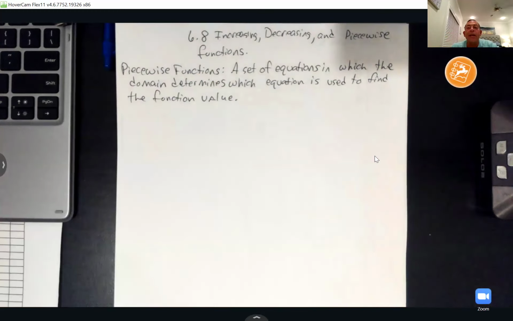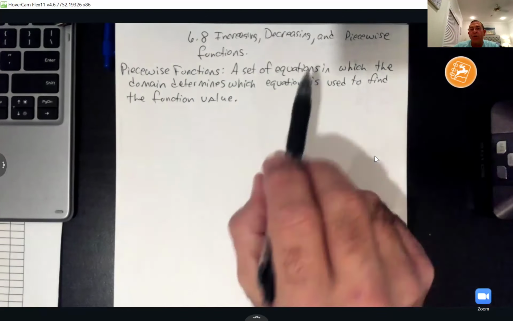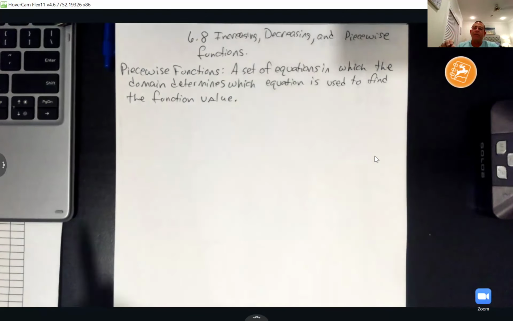Okay, so it's a set of equations, 2 or 3, and they'll give you a domain at the end, and it's going to determine which equation I use to find the function value, where I plug in my number and get my answer, okay?